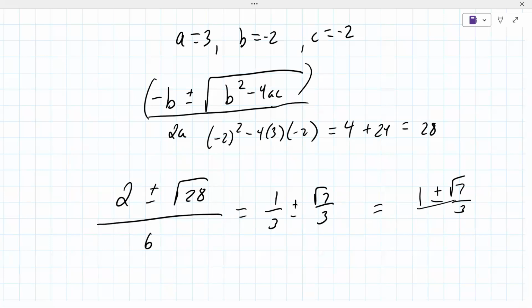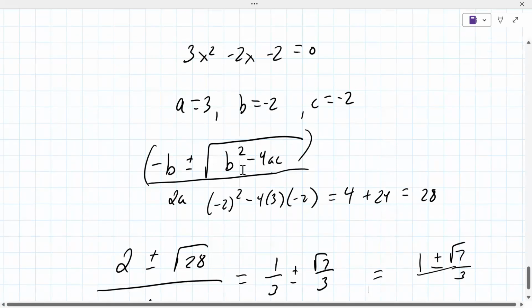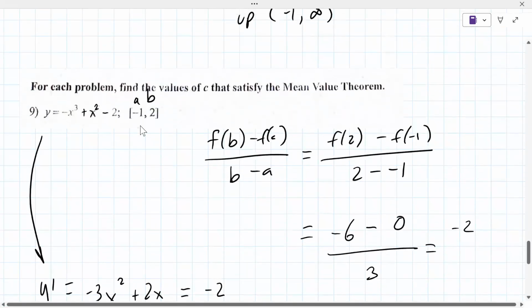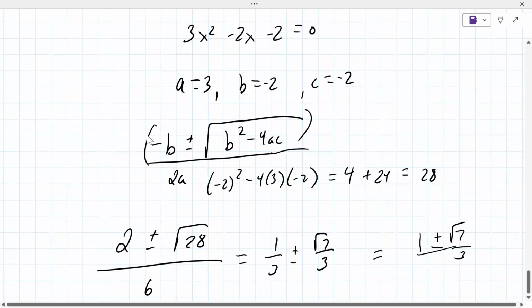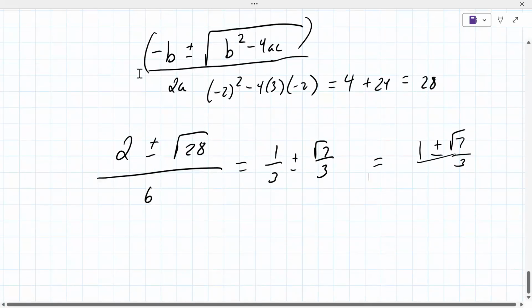Now, only one of these is in the interval from -1 to 2. You have to figure out which one it is, although they both could be in theory. It's not necessarily the positive one; you have to know the magnitude of the numbers.